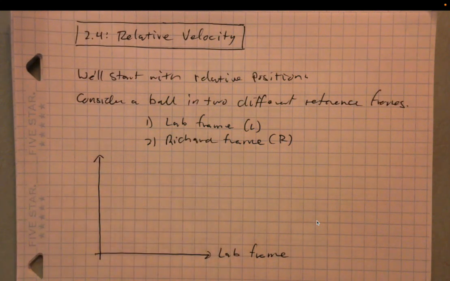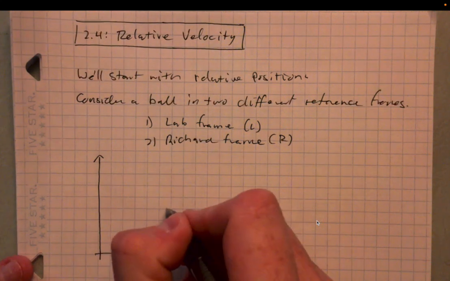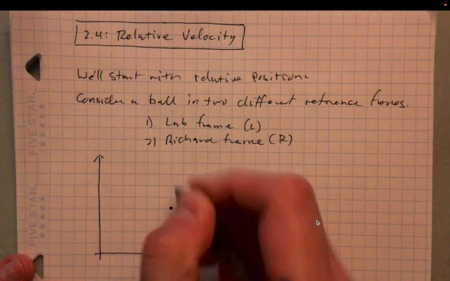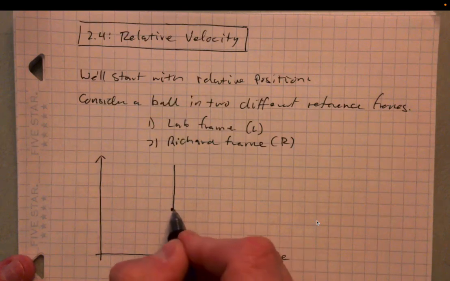All right. Now, inside the lab, we have Richard and we have the ball. And so let's place the Richard frame inside the lab frame next. And so the Richard frame is a frame, right? So that means it's got its own coordinate system.